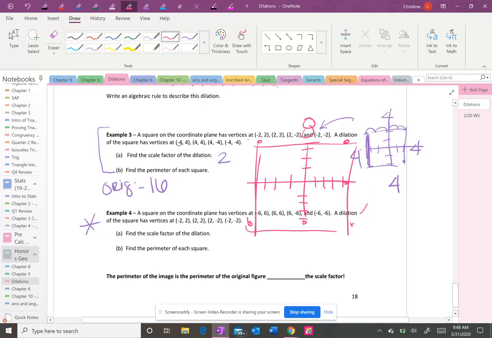So now you have 4 8s around the square, which is 32. So if you look, the original perimeter is 16. The new perimeter is 32. The scale factor is 2, which is why the perimeter has also a scale factor of 2. Please keep in mind that this only works for perimeter.